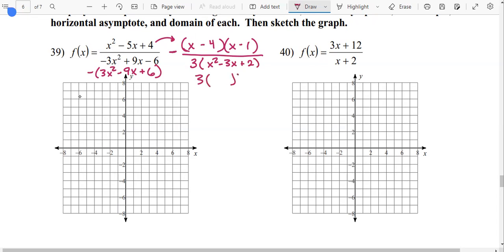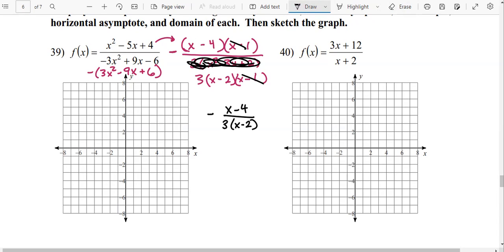And factors of 2 that add up to -3 would be x minus 2, x minus 1. And what you'll notice here, maybe, is that the x minus 1s cancel out. So this becomes -x minus 4 over 3 times x minus 2.